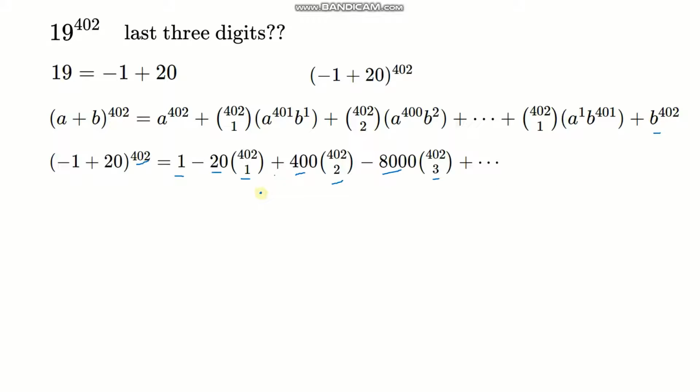A being negative 1, when you raise it to an even exponent becomes 1, and when negative 1 is raised to an odd power it becomes negative 1.